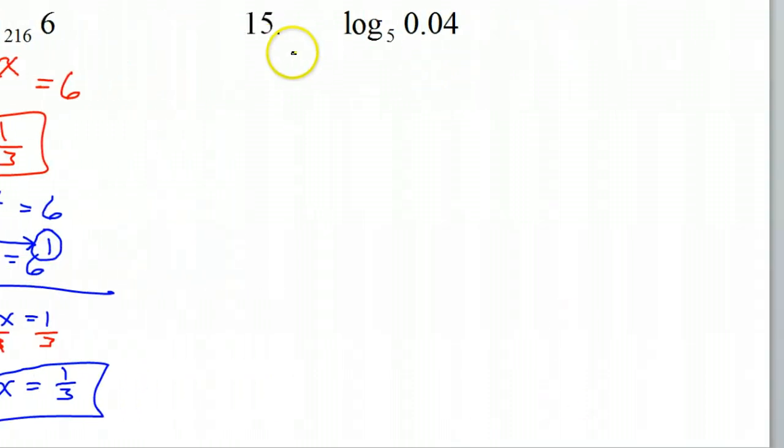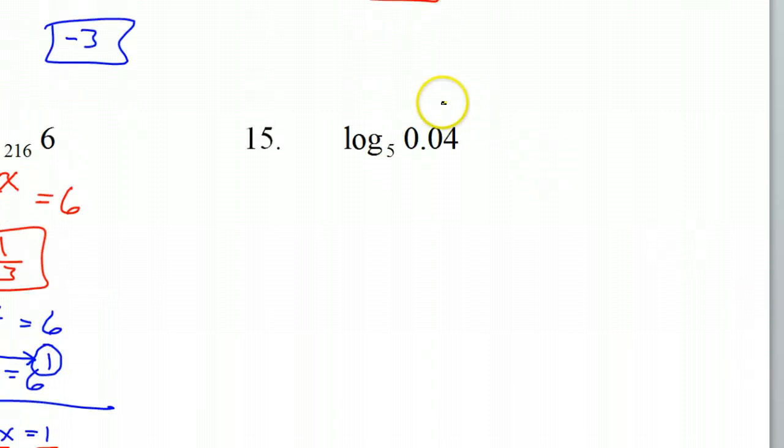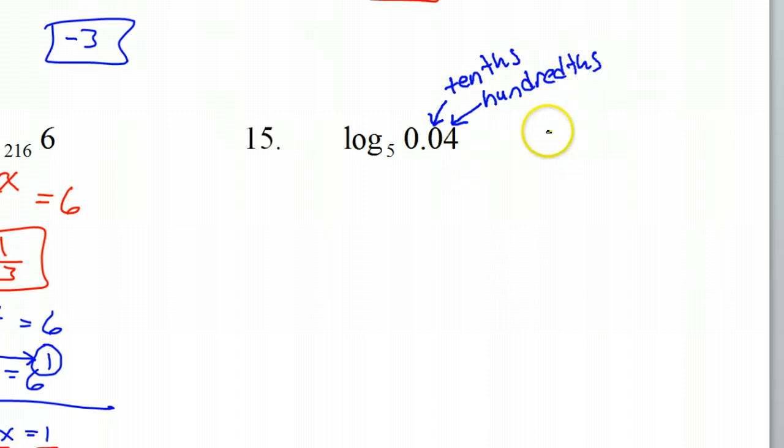Okay, number 15. We have 0.04. Hopefully in elementary school they taught you that this is the 10th place and this is the 100th place. Okay, so that makes this 4/100ths.